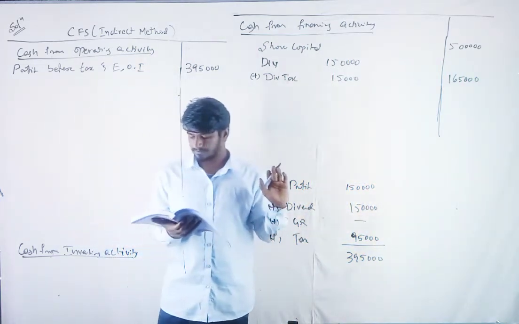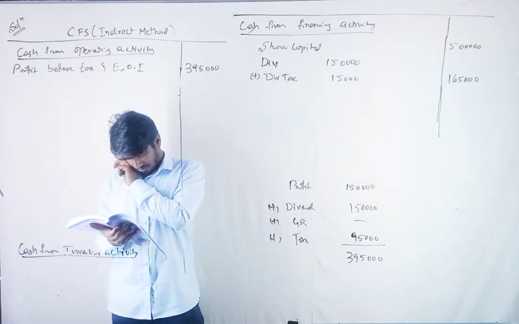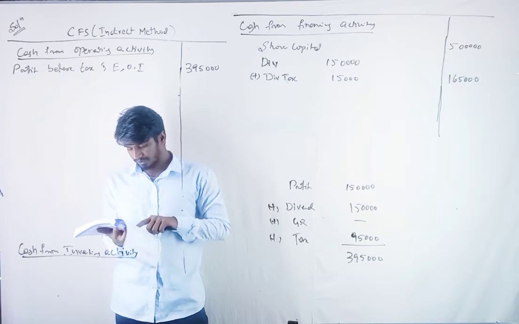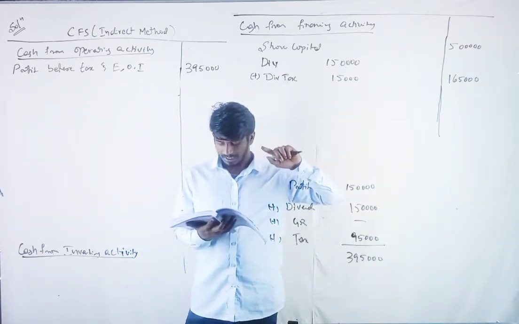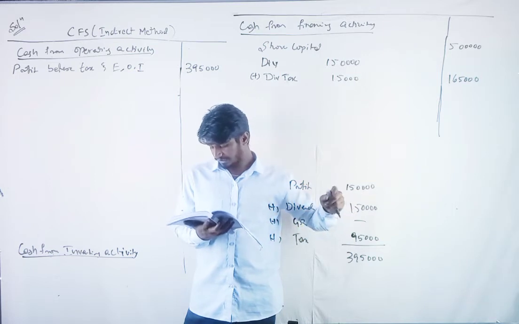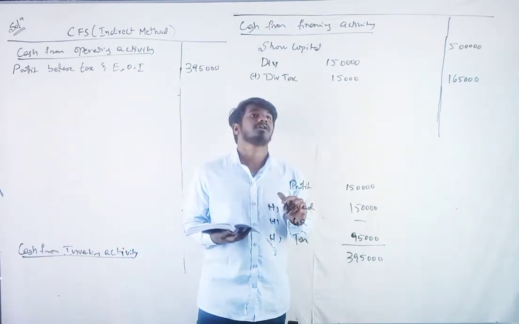Long-term borrowings. They have given notes to accounts. In the notes to accounts, the debenture in the opening is being redeemed and they are taking a new bank loan of rupees 1 lakh.